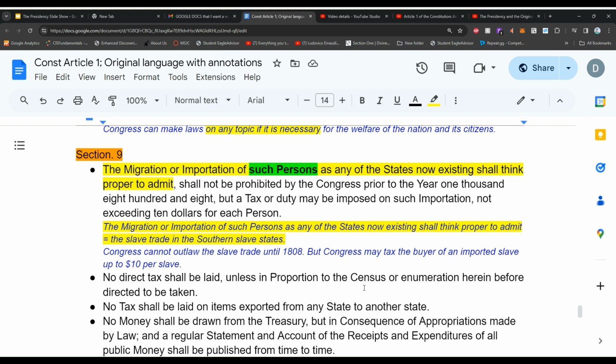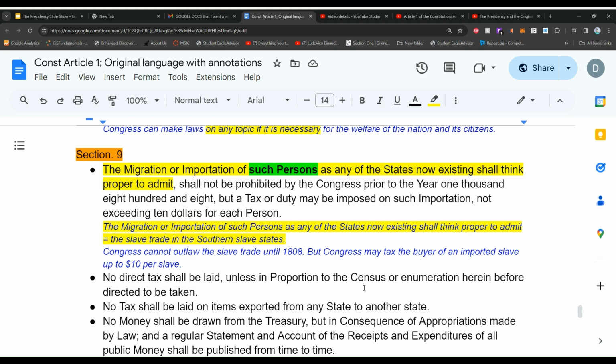Section 9, that first bullet, man, more weird language. The migration or importation of such persons. Such persons was the racist way of saying African slaves that were captured in Africa and then transported to America as imports.